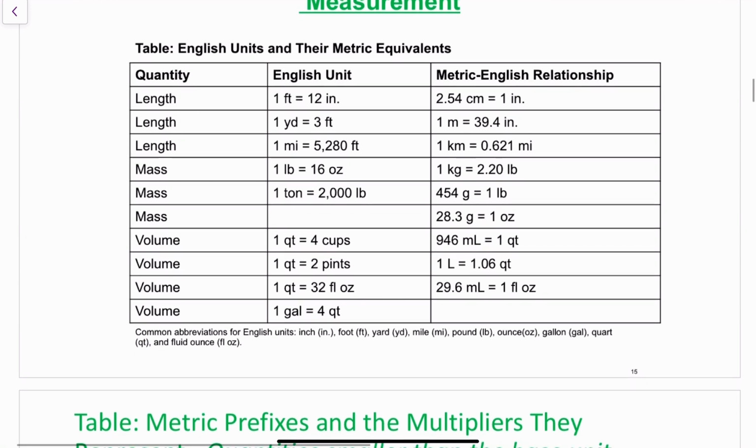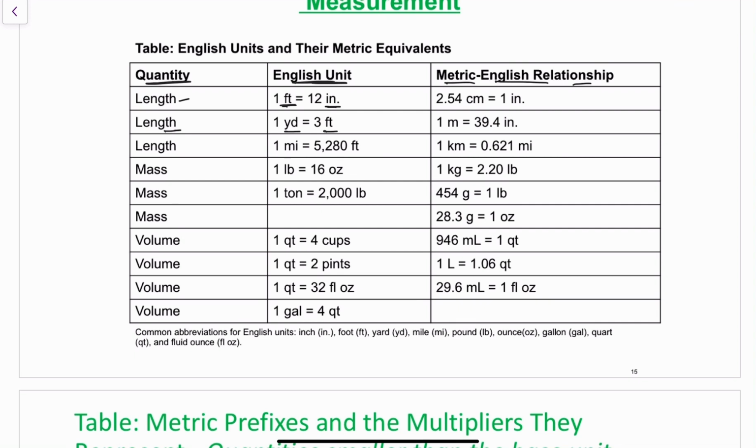So let's look at one of the tables. The first column is quantity, the second one is English unit, and the third one is the metric-English relationship. Let's see a couple of them. If we talk about length, like I told you, in the English system it may be feet or inch, yard, right? So you have different kinds of units in the English system.